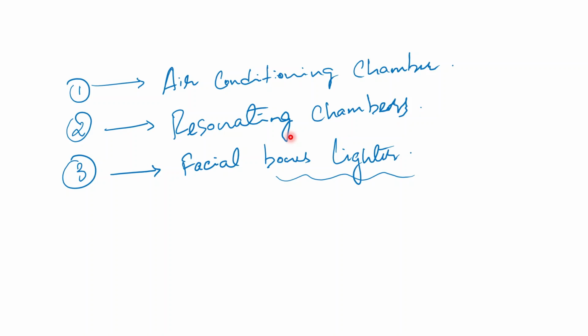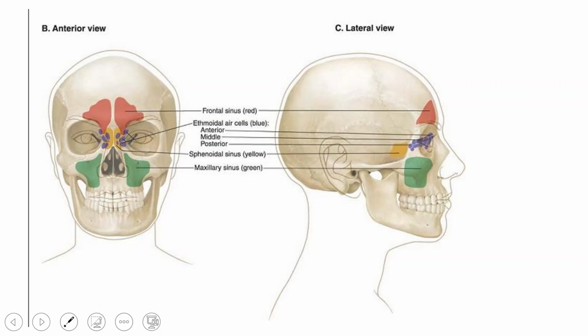Moving on to the paranasal air sinuses one by one. To begin with, the frontal air sinus. Normally, all sinuses are developed in rudimentary form at birth. It is the frontal air sinus which is not seen at the time of birth.